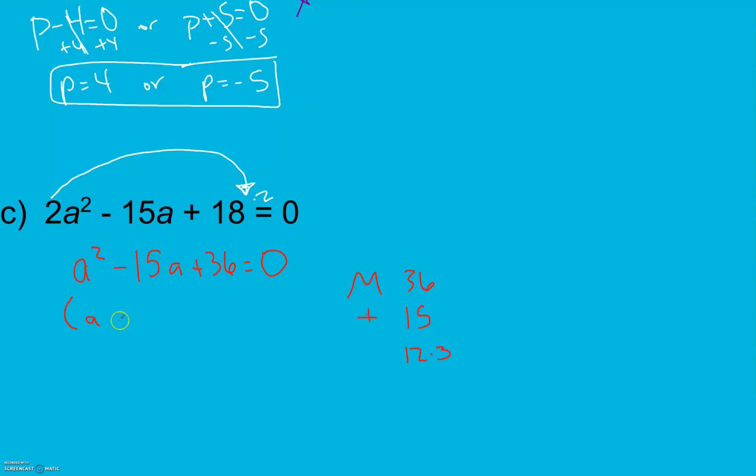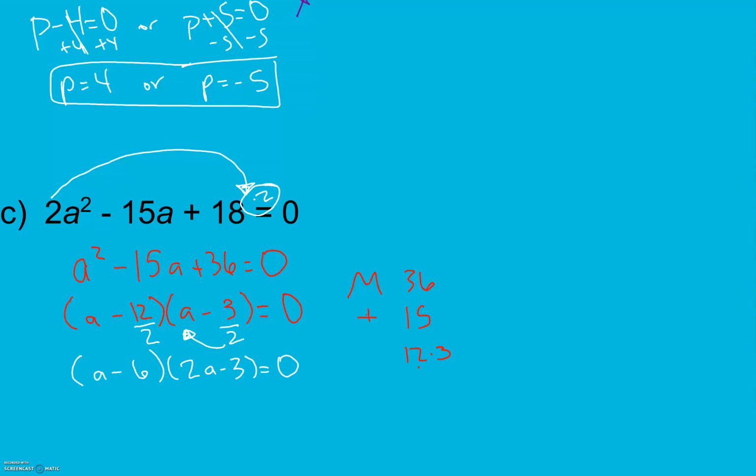Since we added and from the sum, our signs are both going to be the same, 12 and 3. Don't forget though that since we changed our original problem by multiplying by 2, now I have to divide by 2. Reduce if we can. If not, we'll swing our denominator in front to be our coefficient.